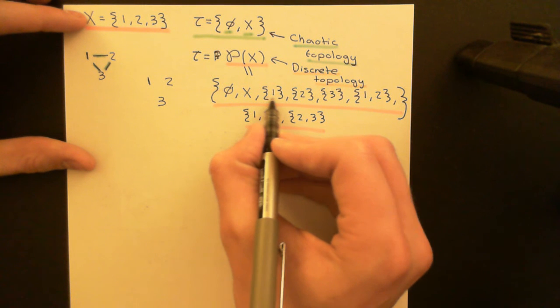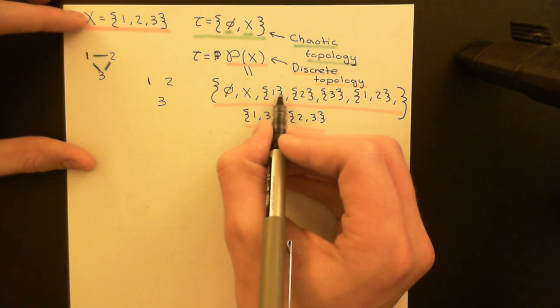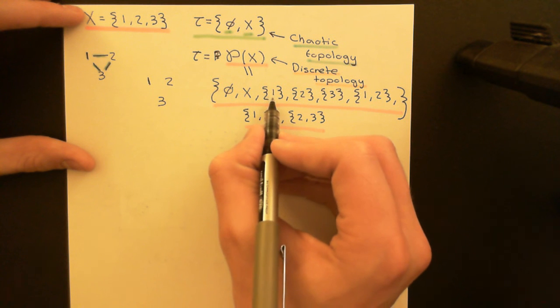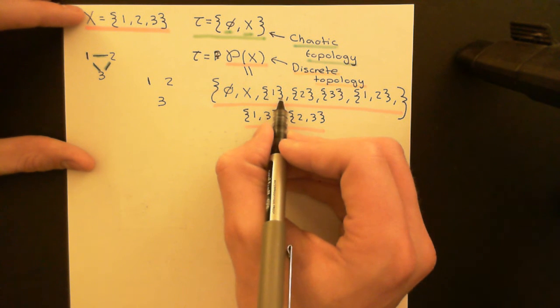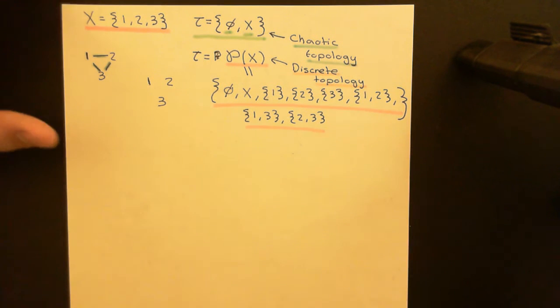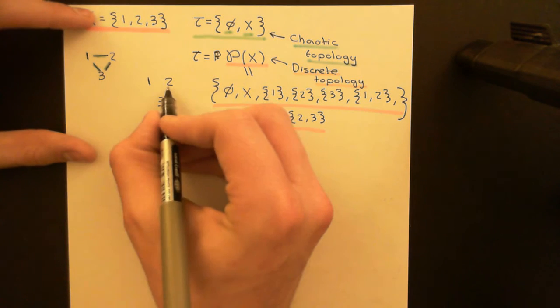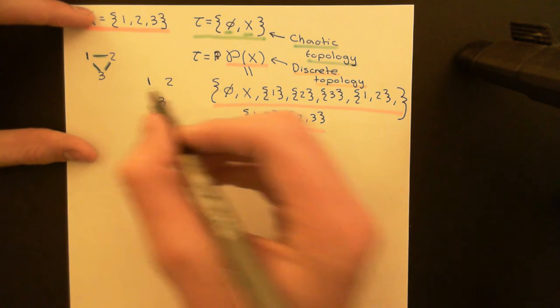So 1 appears in this subset here, but it's not with 2, and therefore it's not the case that in all the sets where 1 appears, it's also together with 2, and therefore we're not going to draw a line between 1 and 2. Now let's ask the question, should we draw a line between 2 and 3? Well, again, the same problem.